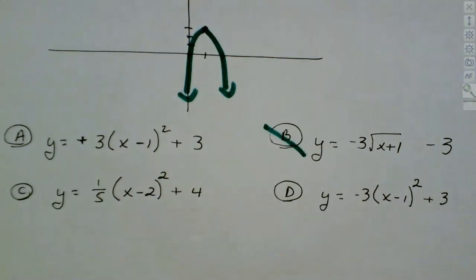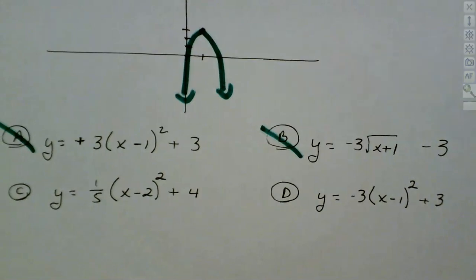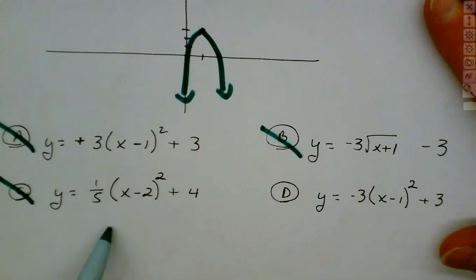Look at the shape of the graph. I can eliminate answer A. Why can I eliminate answer A? Positive. What about C? Can I eliminate answer C? Yes. Why? Because it's 1/5, right? It's still positive. Because this would look like this.